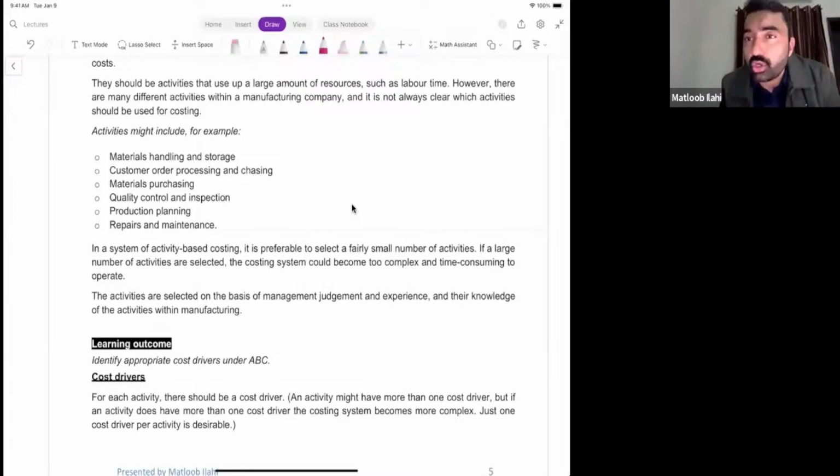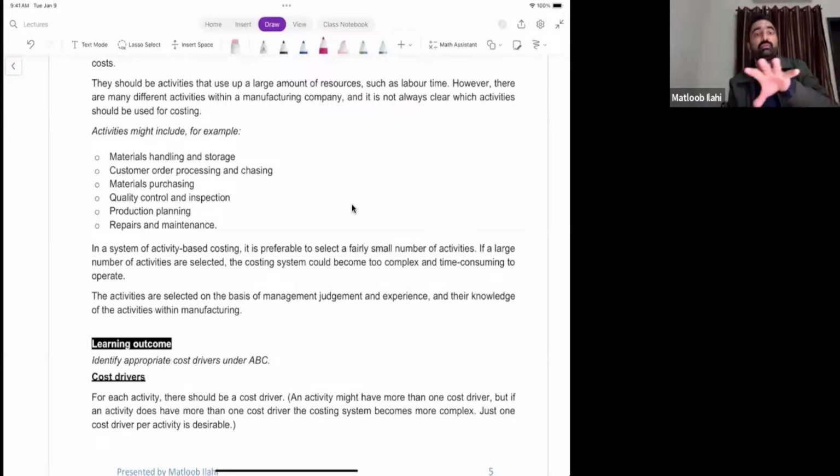Similarly, production planning takes a lot of time. Your experts and managers would be engaged in production planning. It requires time and there is a cost. So this is also an activity. Repairs and maintenance: it is possible that your products or materials might be damaged, so you need to fix those damages.